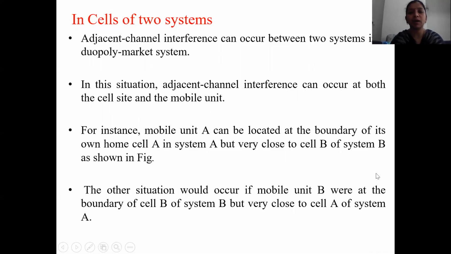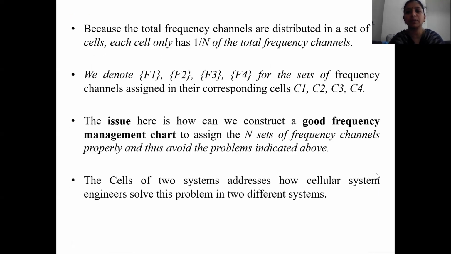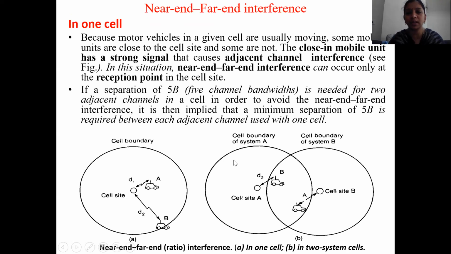For instance, mobile unit A can be located at the boundary of its own cell site, cell A in system A, but very close to cell B of system B. As shown here, mobile unit B is far away from its own cell site and very close to the other system's cell site.